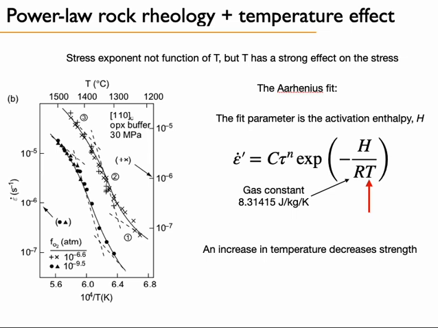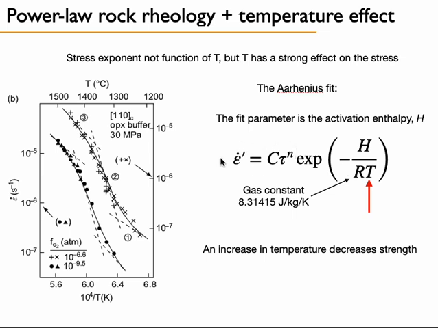And what we can do is to enrich the power law model to include the effect of temperature. This is done by using an Arrhenius fit. So the fit parameter here will be H, and the new variable is T. The gas constant R is simply a constant, so it's not to be fitted.